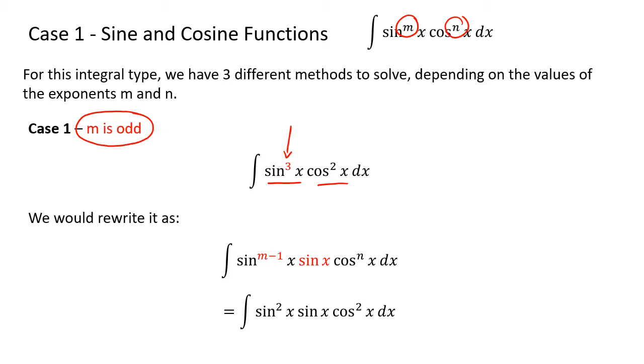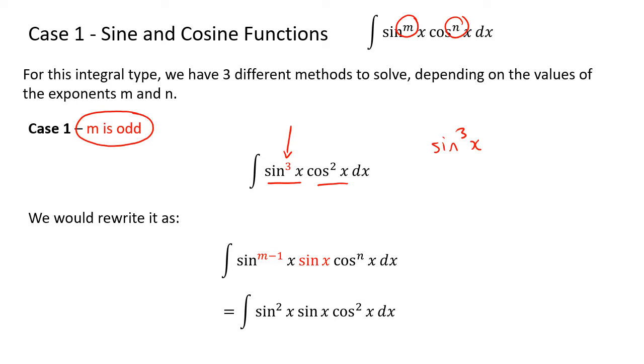What we do in this case is remember we have rules of exponents. If we had 3 squared times 3, that's the same as 3 to the exponent 2 plus 1, or adding the exponents of each of these. So we can do the opposite of that, and in this case we're saying we have sine cubed of x.